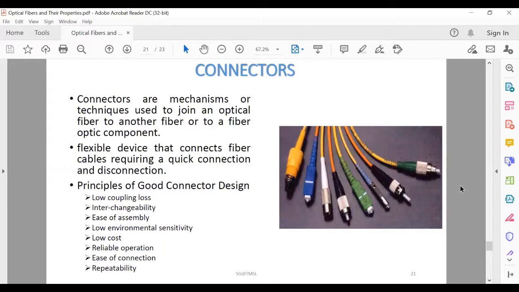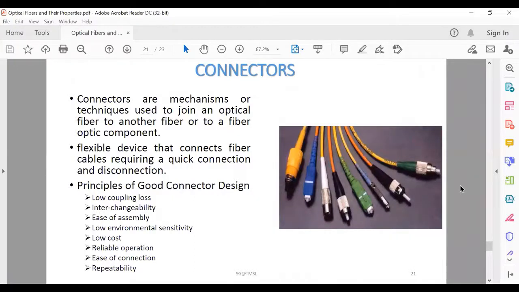The connectors mechanically couple and align the cores of the fibers so light can pass. Better connectors lose very little light due to reflection or misalignment of the fibers.